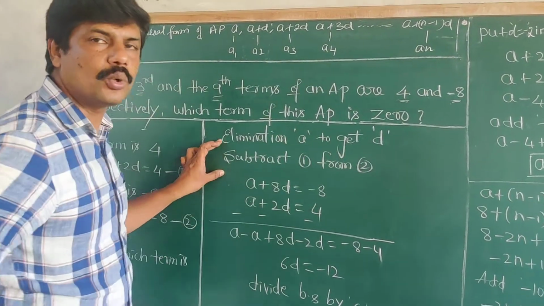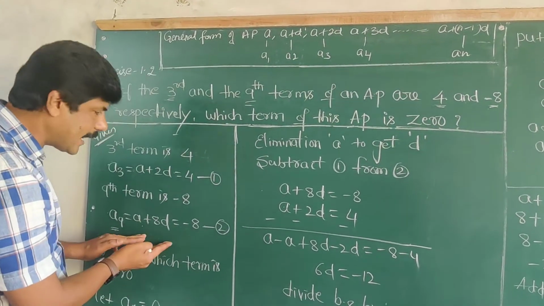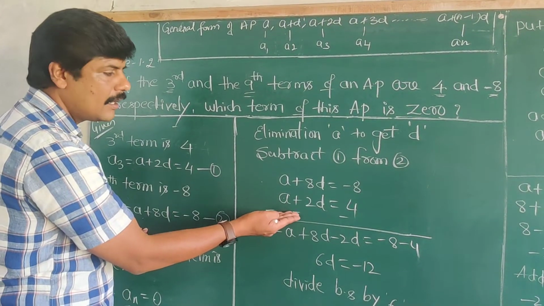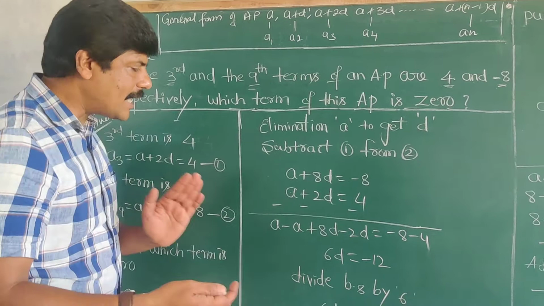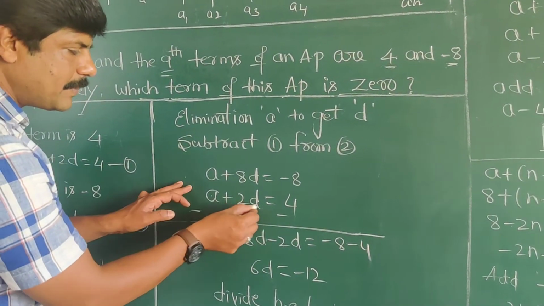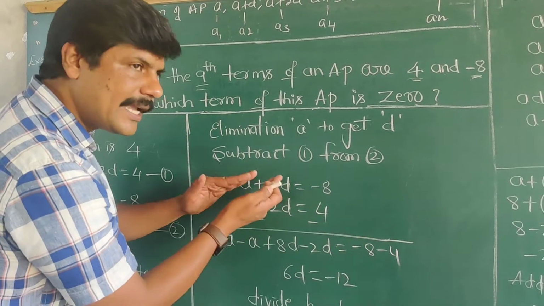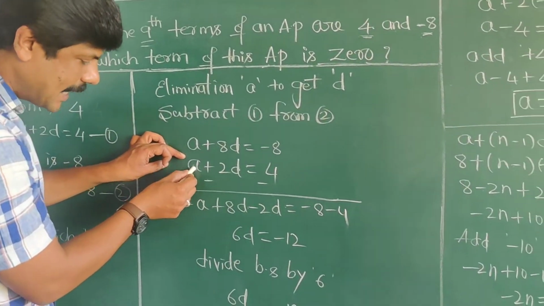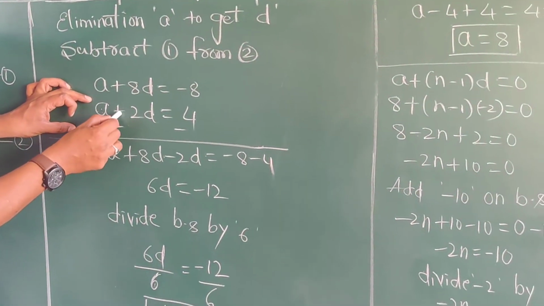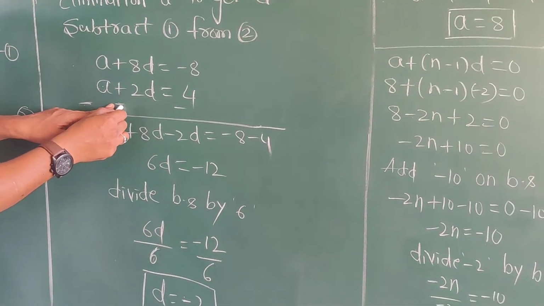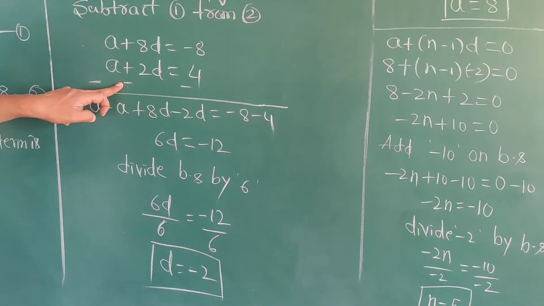Subtract 1 from 2. I have taken 2 first and am subtracting 1 from 2. As usual, change the sign. Plus becomes minus and minus becomes plus. Here a plus a is there, written minus a. Here plus 2d is there, I write minus 2d, and plus 4 becomes minus 4.